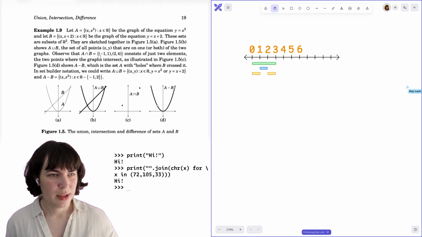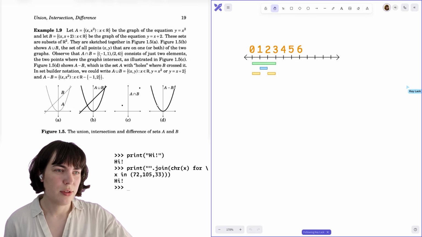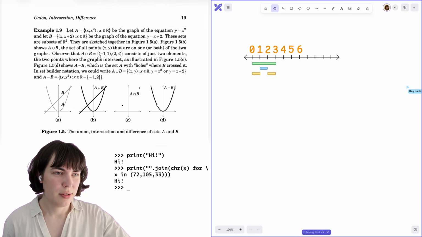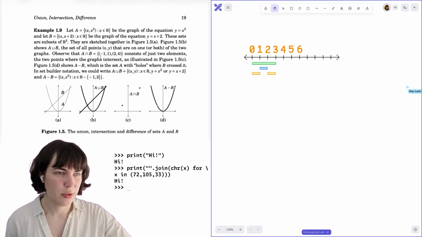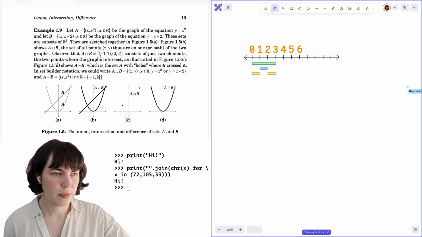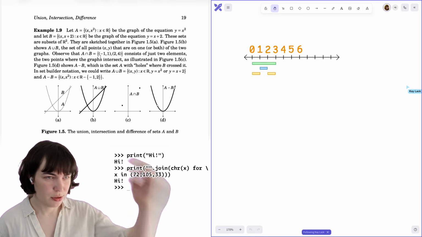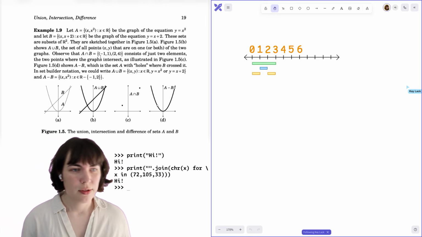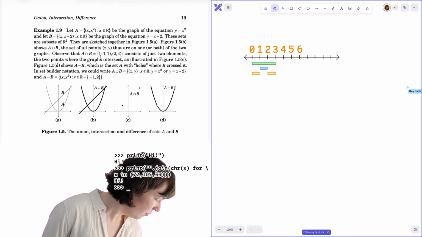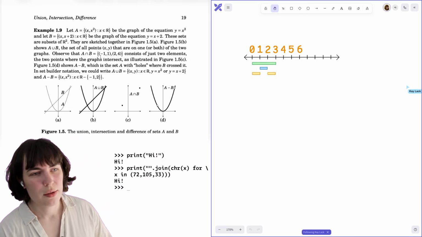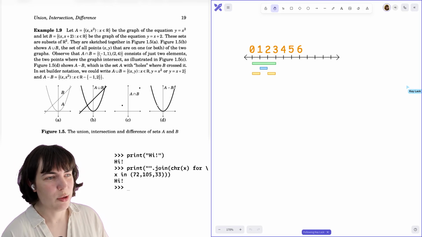Example 1.9. Okay, we're going to let A equal the set of ordered pairs x and x squared, where x is in the real numbers, be the graph of the equation y equals x squared, and let B equal the set of ordered pairs x and x plus 2, where x is in the real numbers, be the graph of the equation y equals x plus 2.